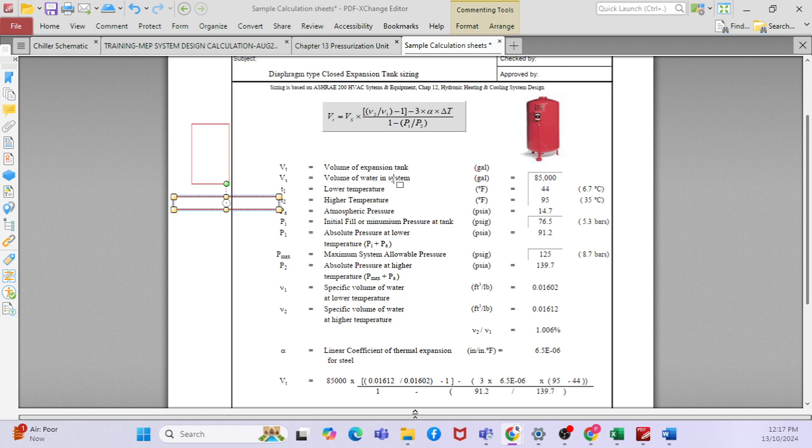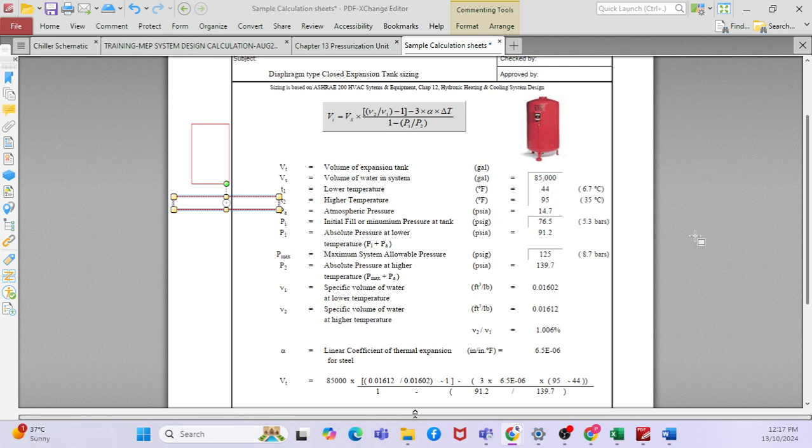You require the volume of the system, which you can calculate for the entire chilled water circuit, meaning the water volume required in your system. Then the lower temperature, which is the chilled water supply temperature, say 6.7 as a standard.